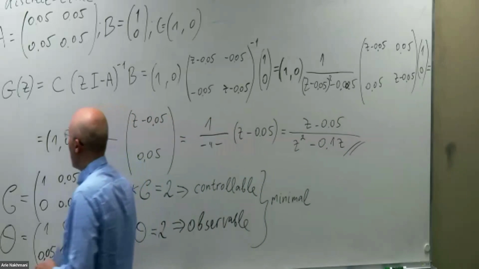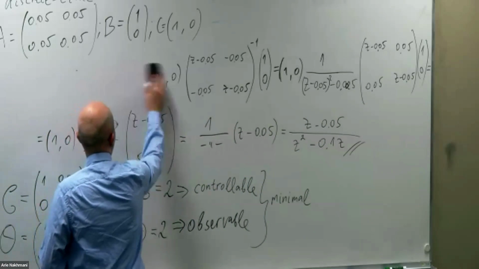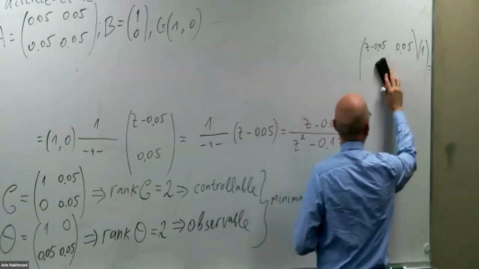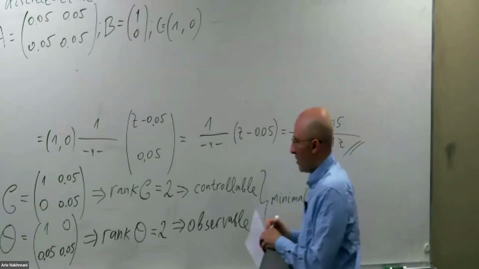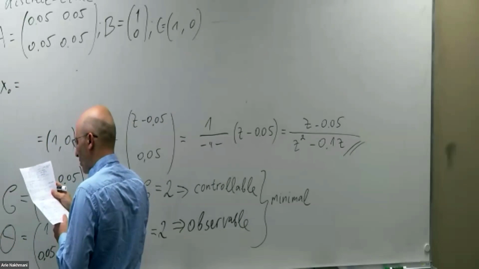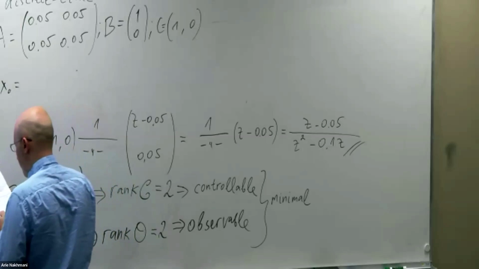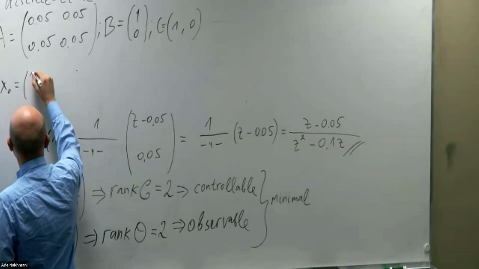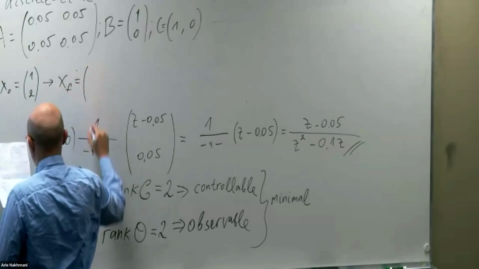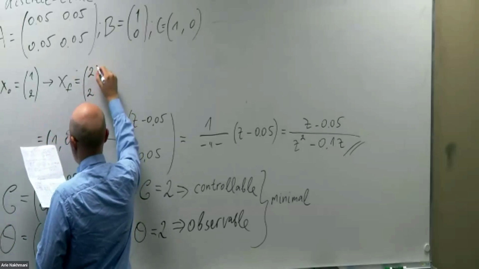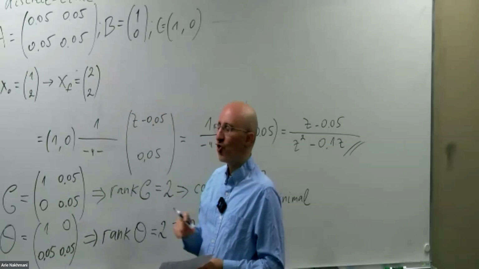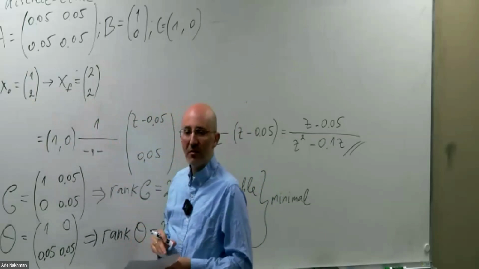Okay, so now we want to get from a particular initial state to a particular final state. Our initial state at time 0 is 1, 2, and we want to get to XF, which is 2, 2. So we want to find U such that it will move from that state to that state.